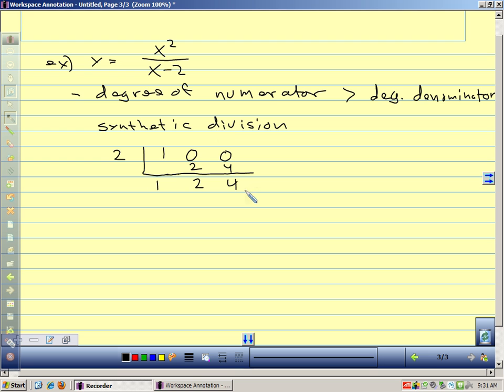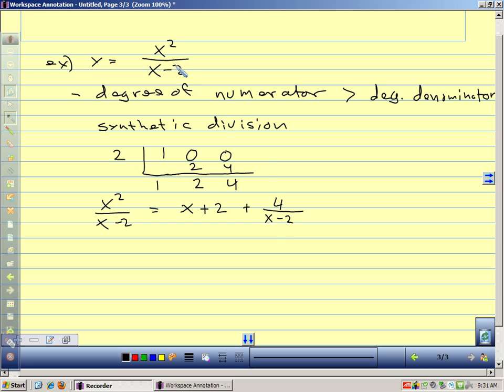So what this tells me is that x squared over x minus 2 equals x plus 2 plus 4 over x minus 2. That's how we do our division.